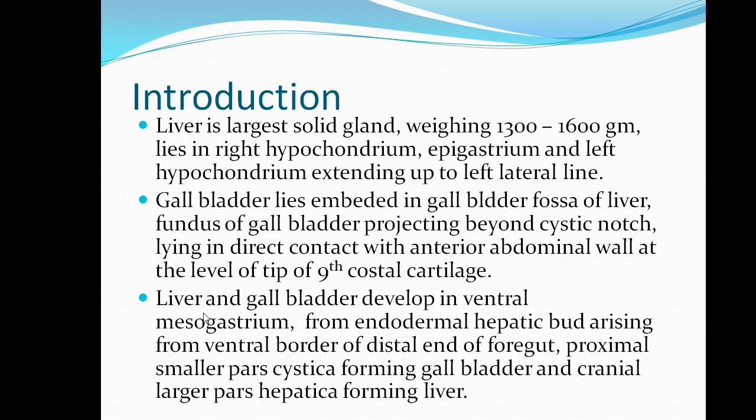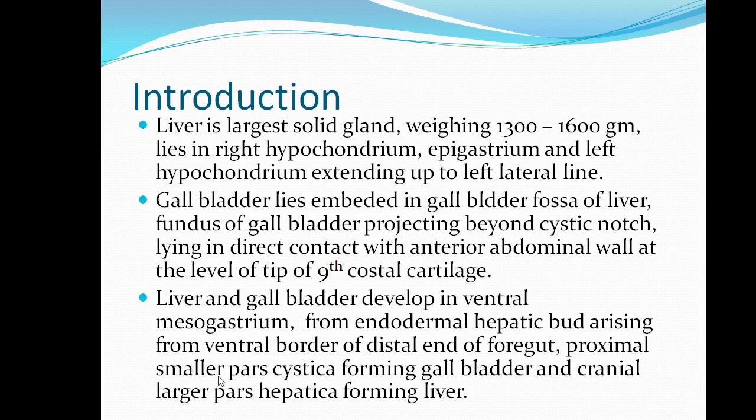The liver and the gallbladder develop in the ventral mesogastrium from an endodermal hepatic bud arising from the ventral border of the distal end of the foregut.